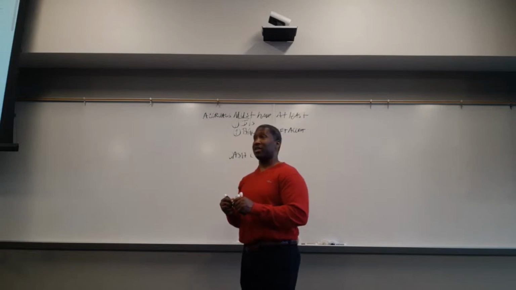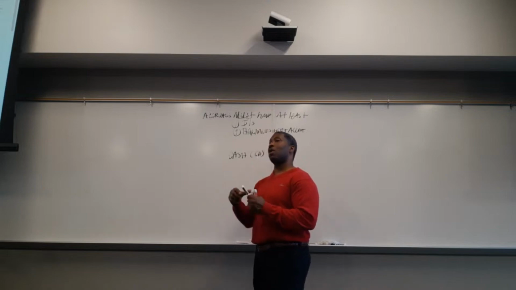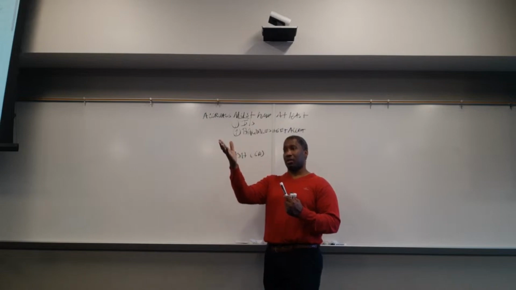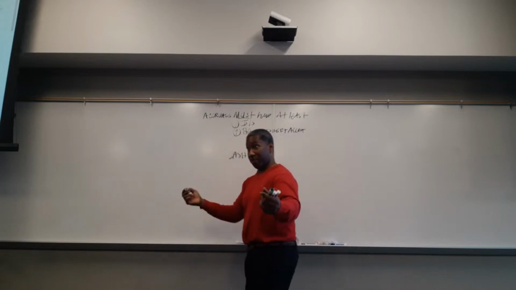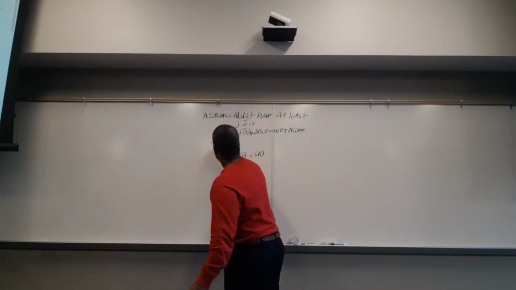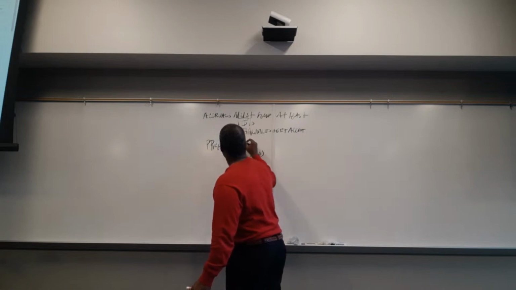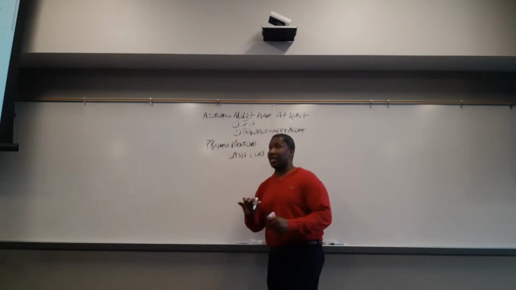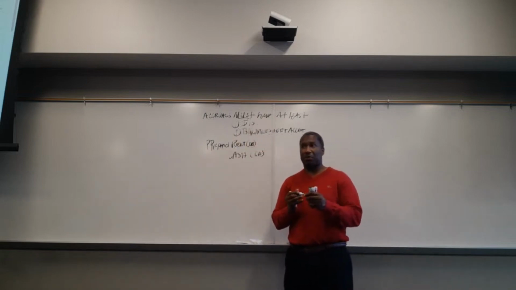What's our current assets? Cash, receivables, inventory, supplies, and prepaid, because we prepaid it, right? On January 1st, we prepaid rent, okay? And that is a debit. Now, notice, I said prepaid rent. I did not say expense because we don't have an expense yet, okay?